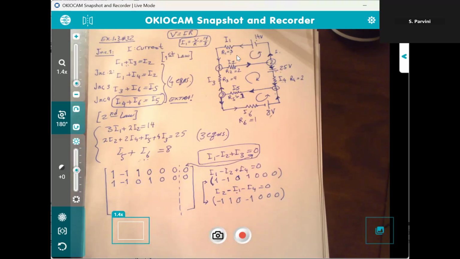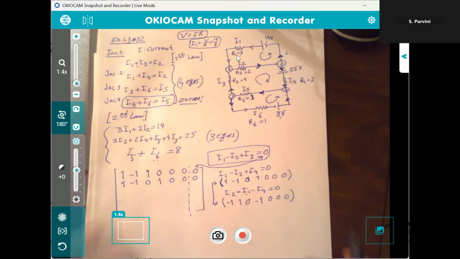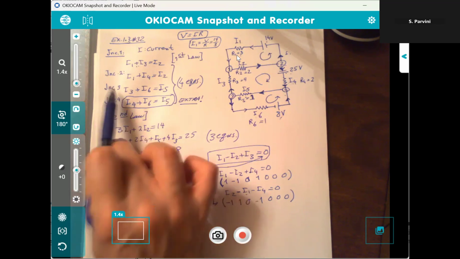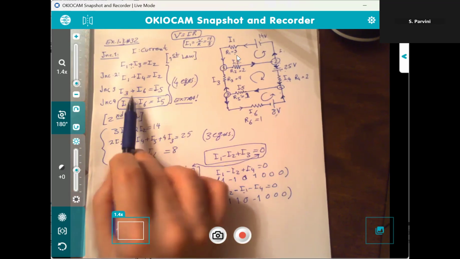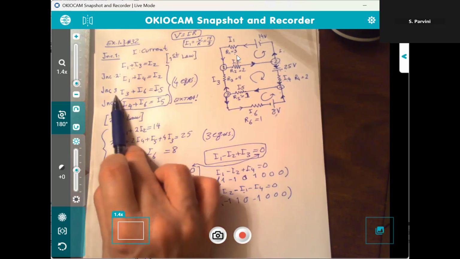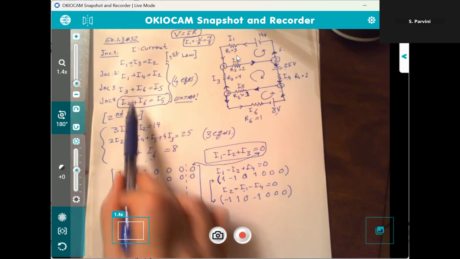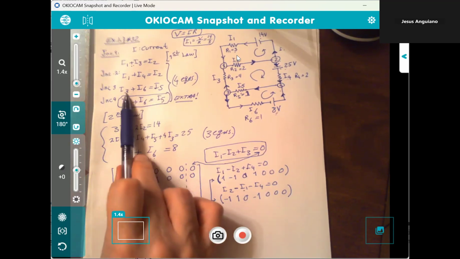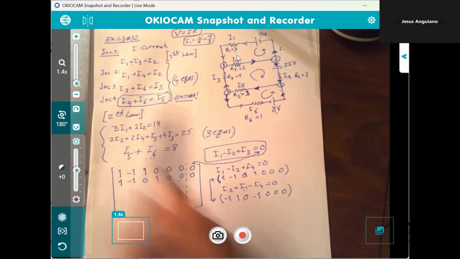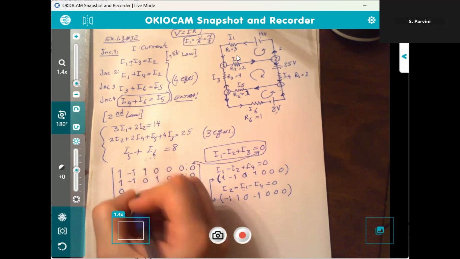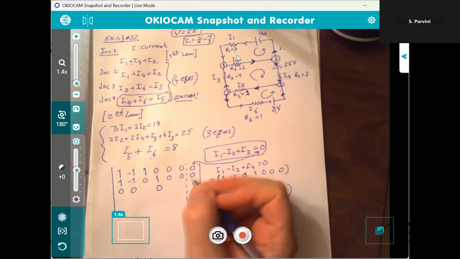Okay. Now, let's do the third row. What is the third row going to look like? That's coming from junction, this one. The third row doesn't have I1, I2, I4. Agreed? No I1, no I2, no I4.